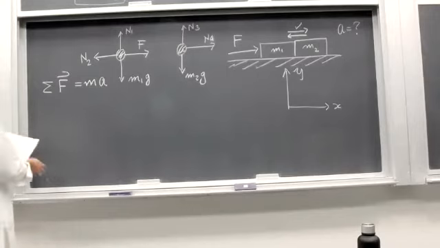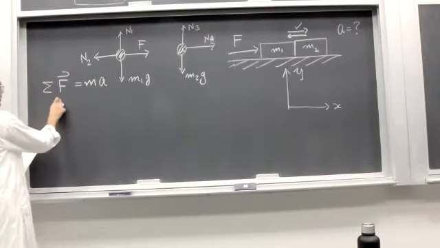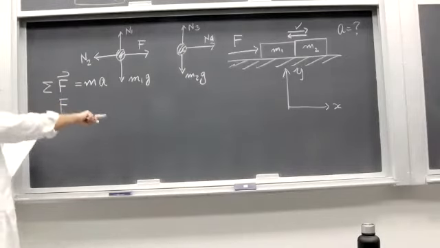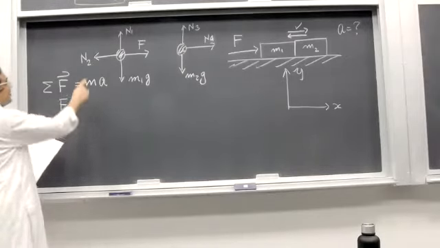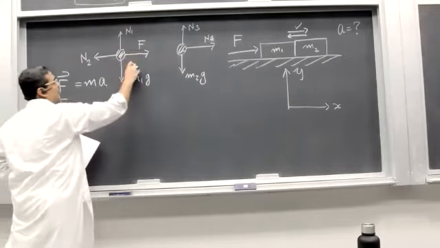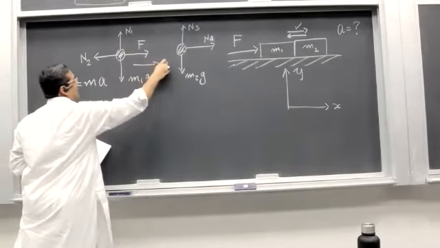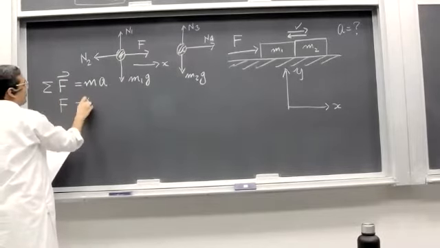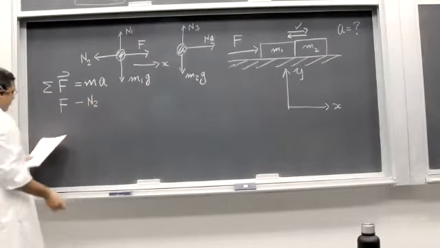So if we just focus on the x direction, F acting along x-axis, so positive F, N2. F is positive because this is the x direction. So F minus N2, right?